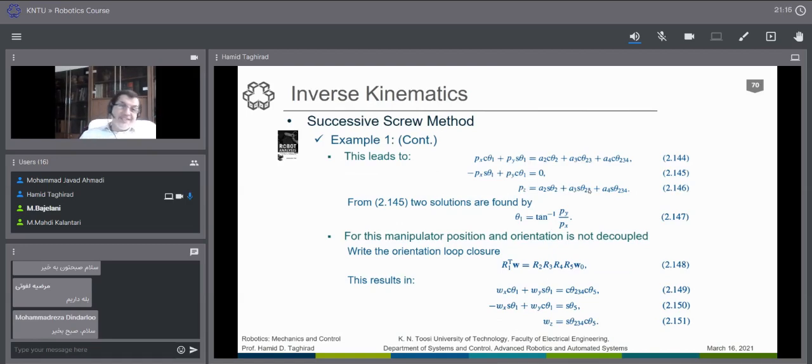We go to another screw representation, and here we use the W1. Why W? We use UVW, and the one which gives us at least one simple relation would be very useful to be used in here.